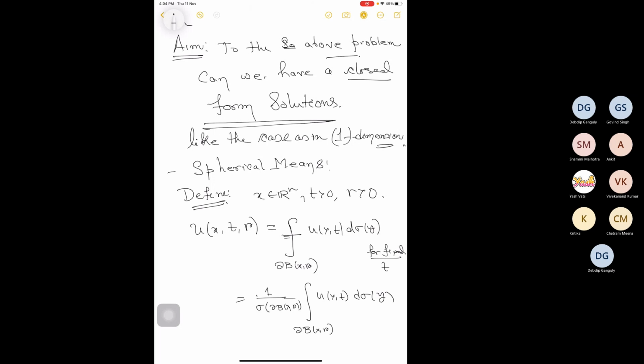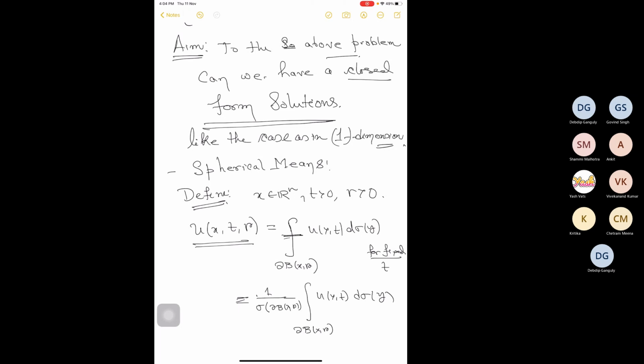You know what this cross means: it is 1 by the measure, integral over this. So these functions will play a very important role. These are the spherical means. It is the mean, averaging out the integral by the total mass, right? So this is some kind of averaging out.